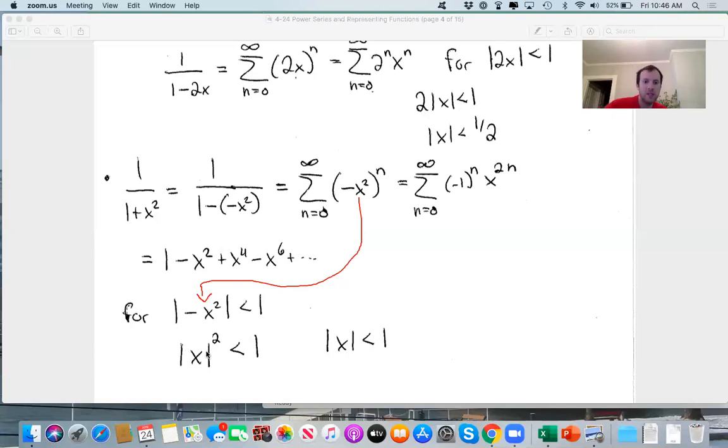If you take the square root of both sides, it keeps the inequality going in the same direction. So the absolute value of x is less than 1, which means that we have radius 1 and the interval is -1 to 1.